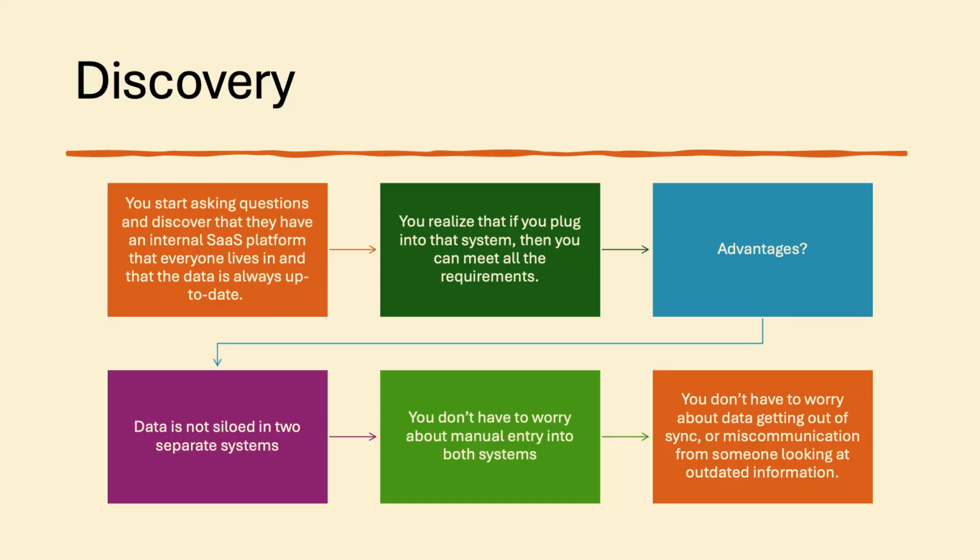And what are the advantages of that? The data is not siloed into two separate systems. You don't have to worry about manual entry into both systems, because one system is automatically maintained by various processes. On your website, you're just presenting the work that's already been done in the other system. And you don't have to worry about data getting out of sync or miscommunication from someone looking at outdated information.